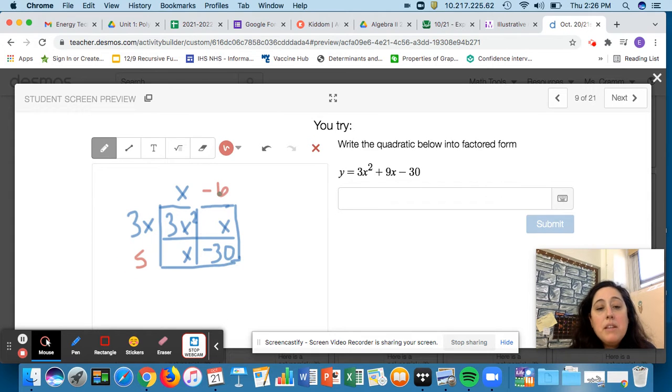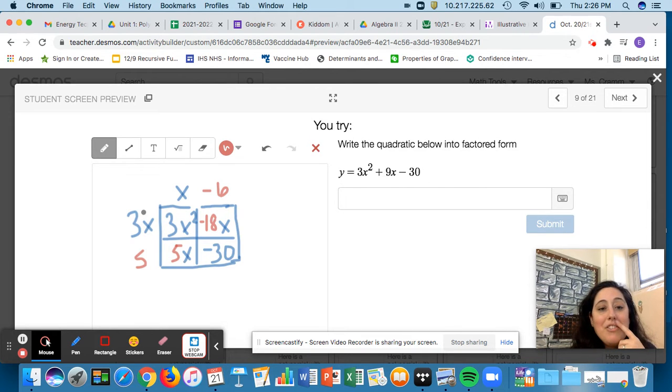Cool. 5 times -6 gives me -30. So here, 3 times -6 gives me a -18. And 5 times x gives me a +5x. All right. So let's see. -18 plus 5 would give me a -13. Right? That's still not the 9.